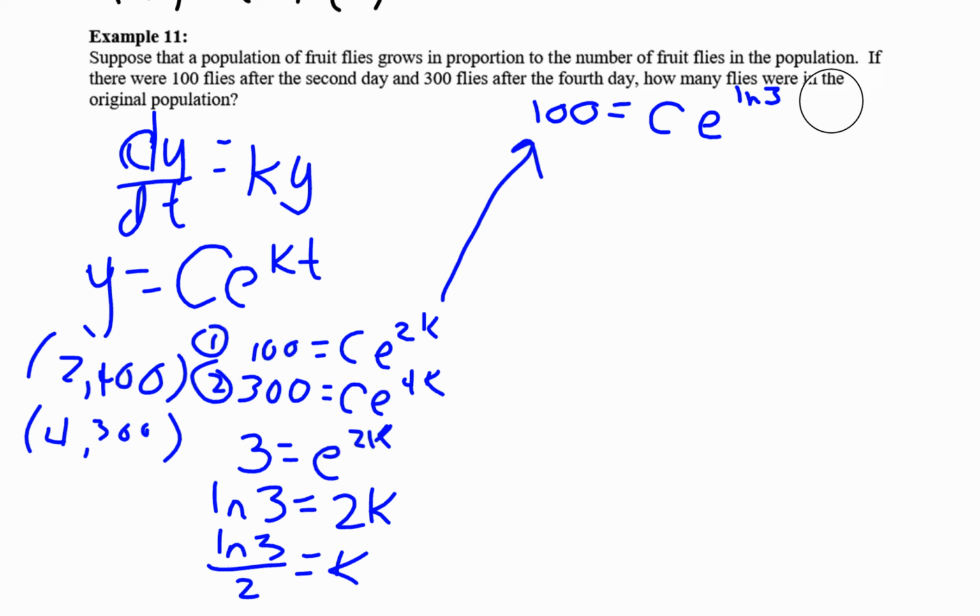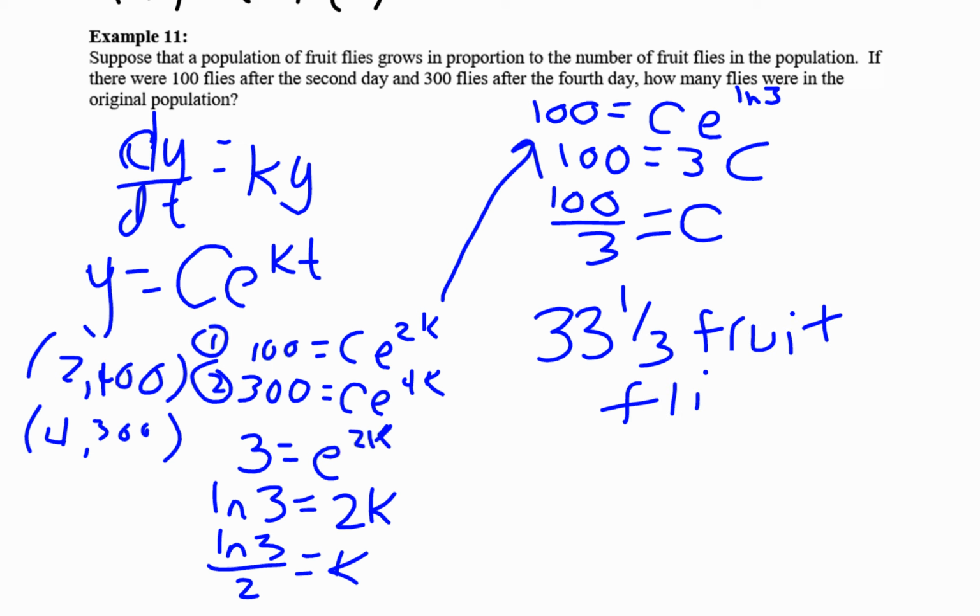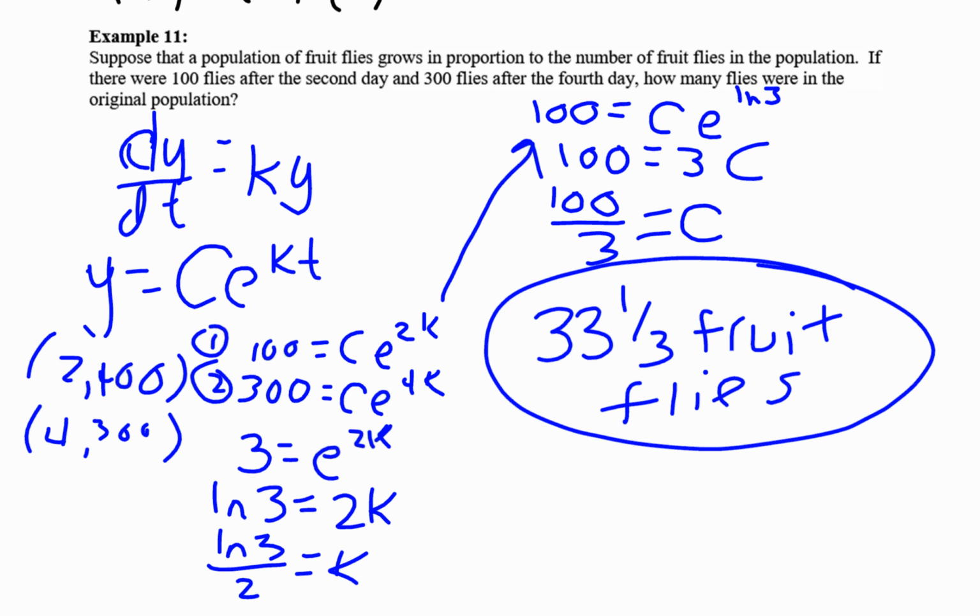All right, and then e to the ln of 3 is just 3. So this helps us figure out our c, or our original amount. So we ended up with 33 1/3 fruit flies in the original population. So we had 33 and then a couple little pieces. So there you go.